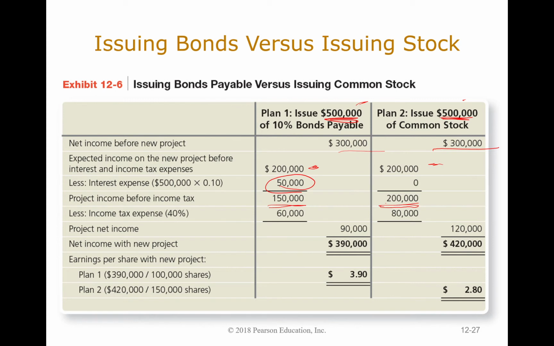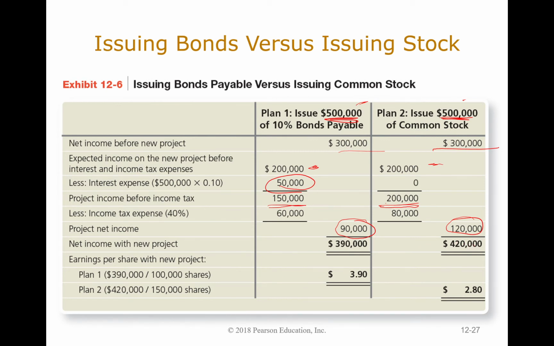Now, if we take a 40% tax rate, we'll pay $60,000 in tax here, where we'll pay $80,000 over here, based off of our income before taxes, which means we see a net income on this project of $90,000 with a bond, $120,000 with common stock. And if we add that to the net income that we had before we started this project, we can see we have a $30,000 increase here in common stock.